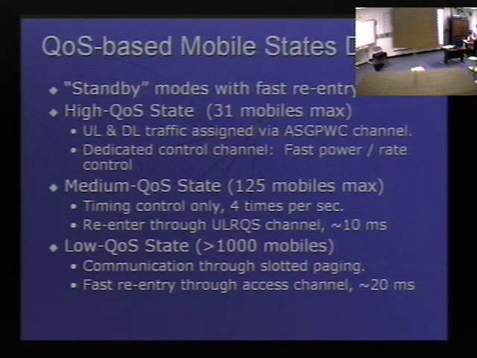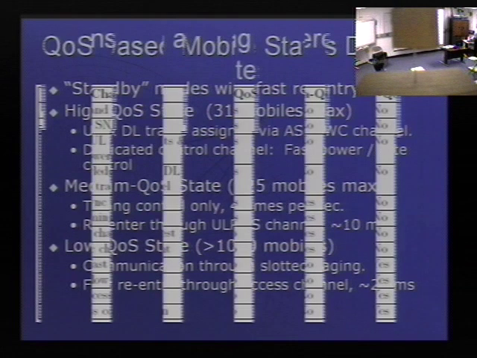Then these users, once the high users finish, can quickly retransmit and regain the traffic channel without competition. And for low QoS users, you may have 1,000 users, and basically these users need to go through contention and go back, and wake up using paging. If you have a session quiet for a while, then you use paging to wake up.